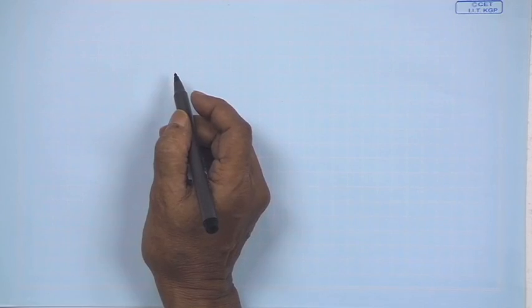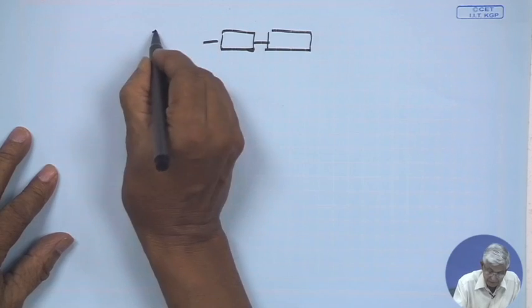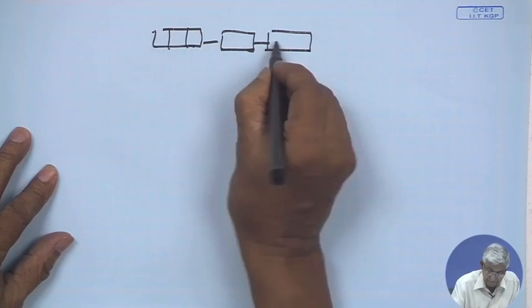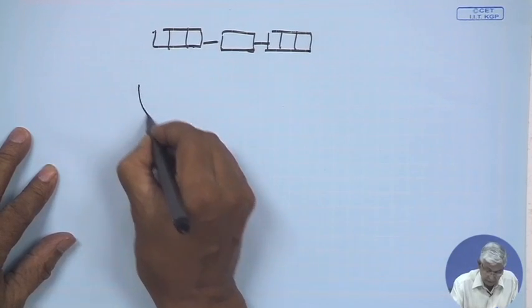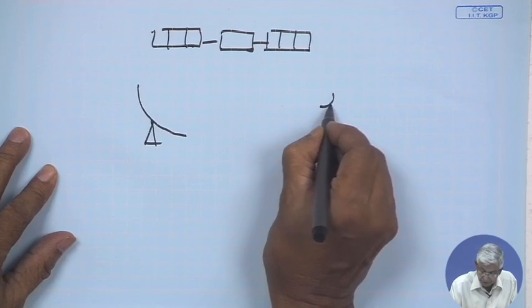Let us see some of the practical examples where it really happens. That is one of them. Let us put a satellite here. This is a solar panel, a bigger station and a smaller station.